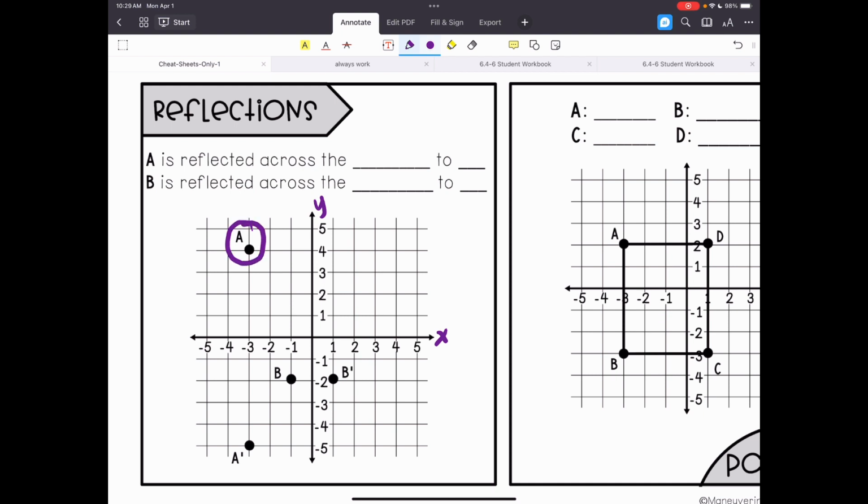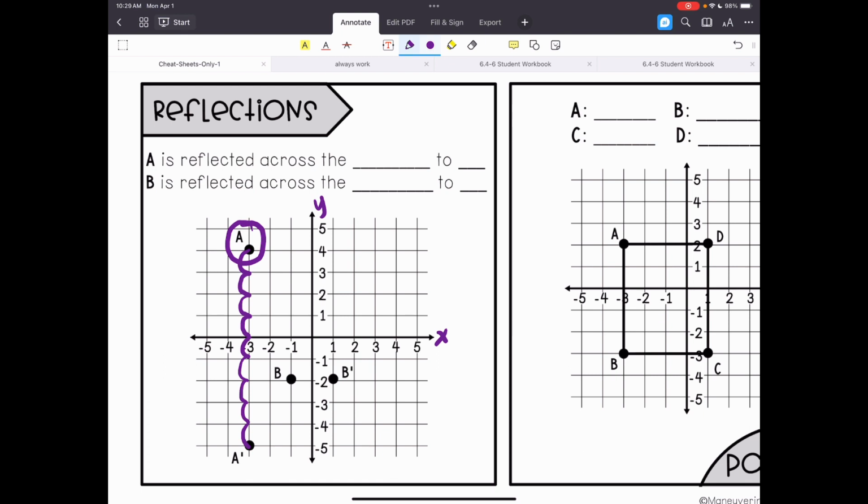In this case, A is my original point, and it's 1, 2, 3, 4 units to the x-axis, and then A prime is 1, 2, 3, 4, 5 units on the opposite side, and that is actually an error. That's actually really funny that we identified that.